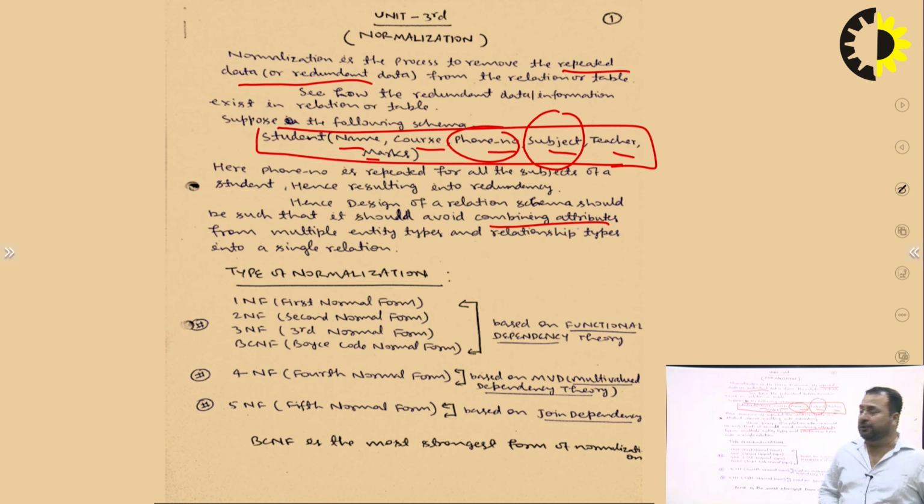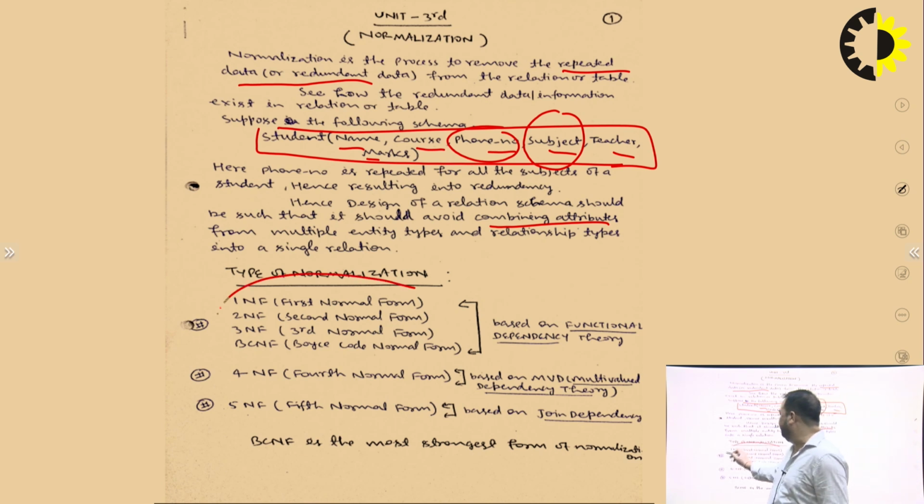Based on many theories, normalization is categorized into types: 1NF, first normal form, second normal form, third normal form, and BCNF, Boyce-Codd normal form.